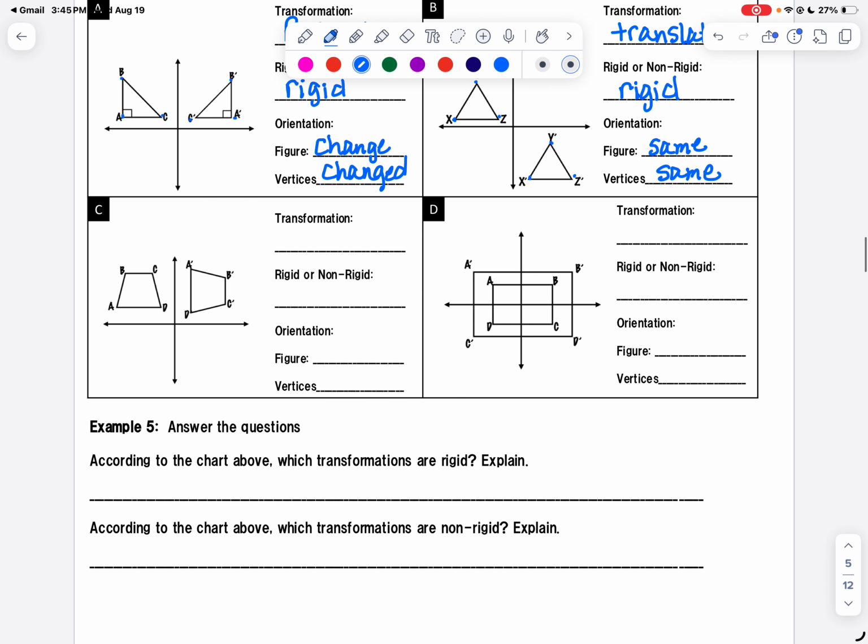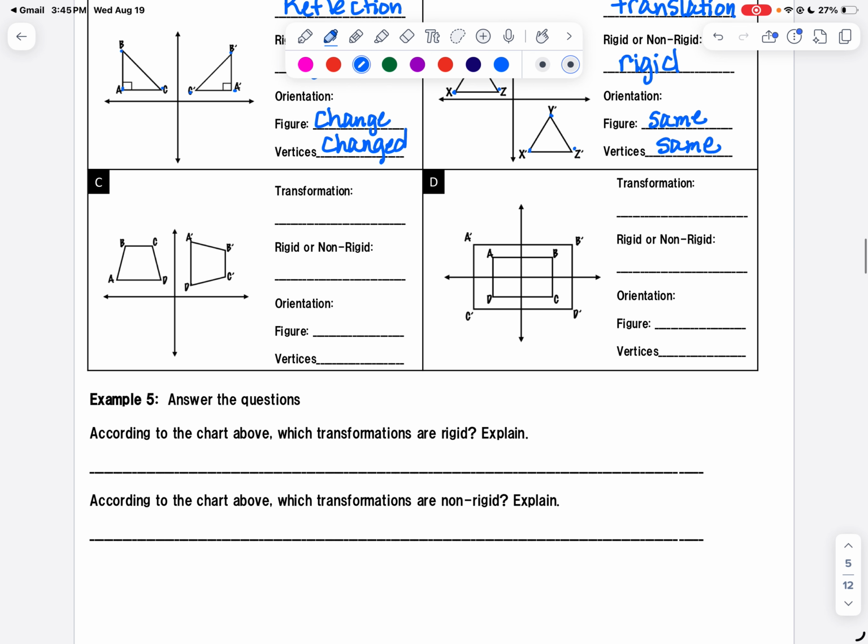All right, problem C. Pause the video and try problem C on your own. When you're ready to check your answers, press play. All right, welcome back. Hopefully you identified this transformation as a rotation. It stayed the same size, so it is rigid.